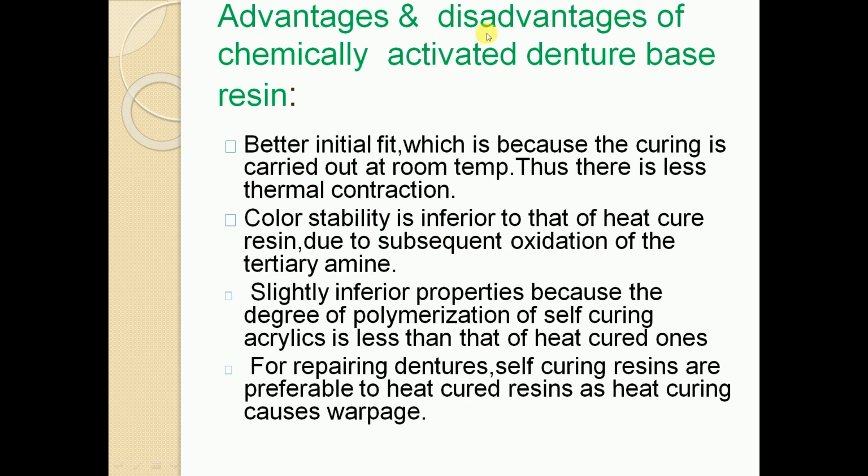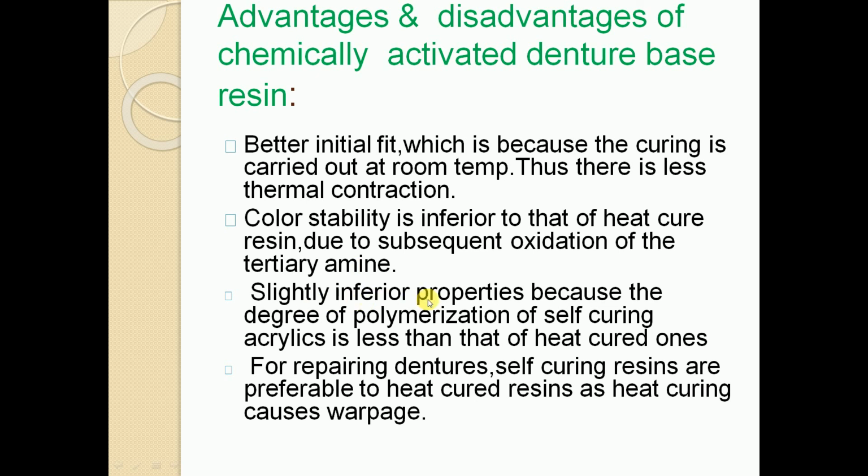Coming on to the advantages and disadvantages of chemically activated resin. Better initial fit, which is because the curing is carried out at room temperature, thus there is less thermal contraction. Color stability is inferior to that of heat cure resin due to subsequent oxidation of the tertiary amine.